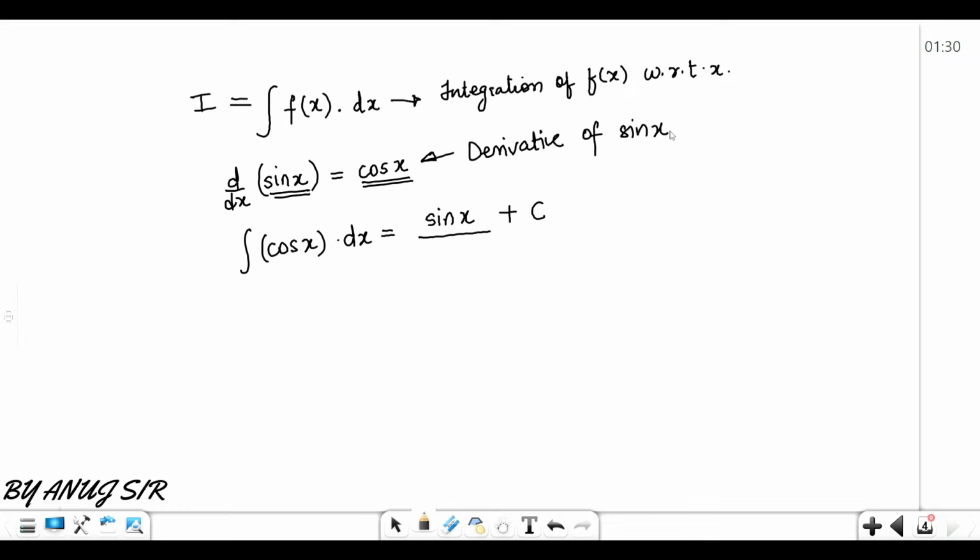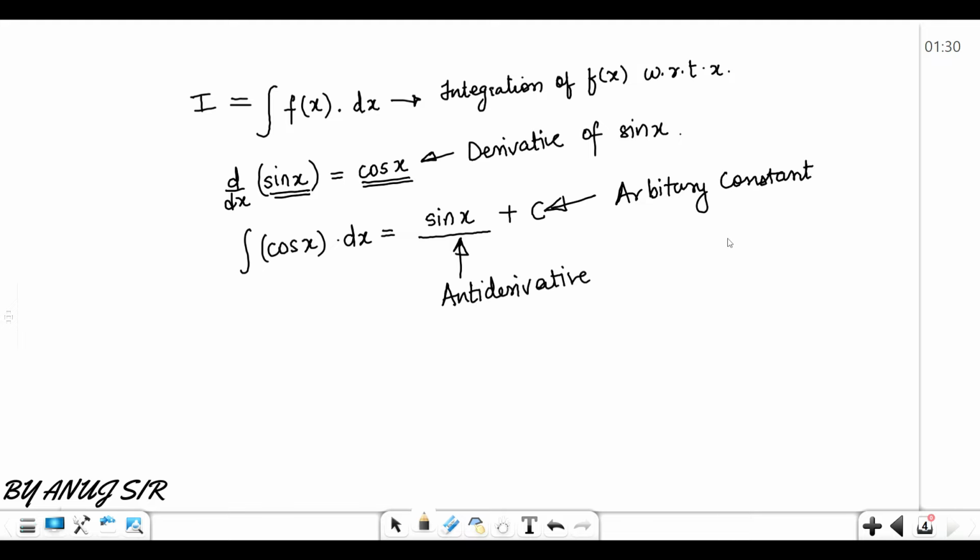When we calculate the integration of cos x, what we get is sin x, which is the original function, or we can say the primitive, also known as the antiderivative. And what is this c? This c is the arbitrary constant. We write this in indefinite integration.